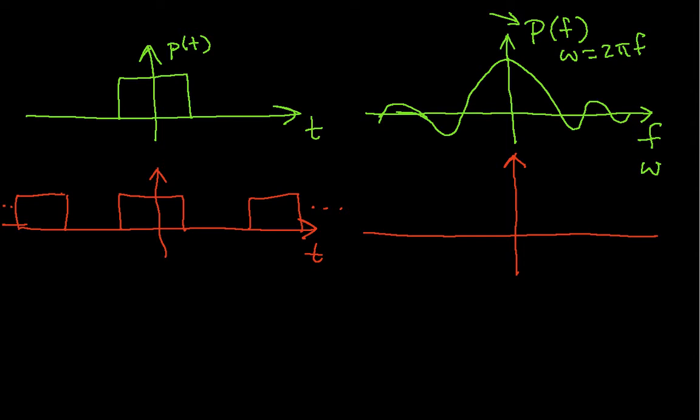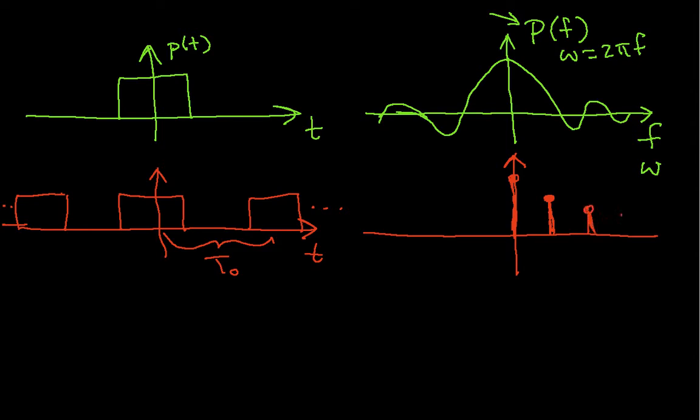I'll have a value that occurs at a frequency of 0. I'll have a value that occurs at the fundamental frequency of this time waveform. So in this case, I guess this would be t0. This value will occur at 1 times 2 pi over t0.